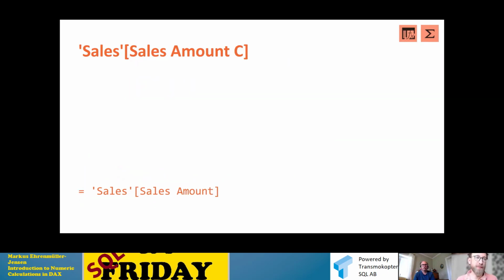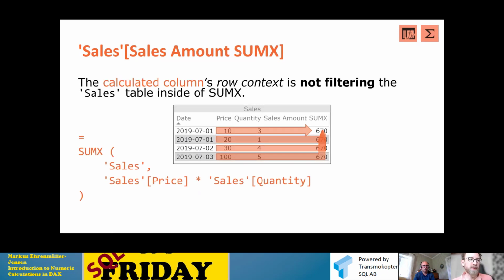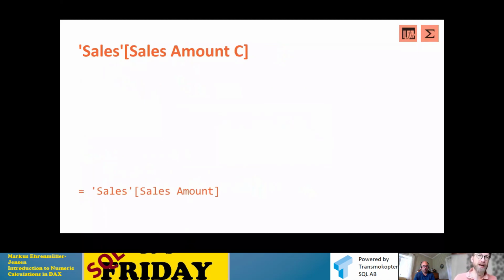What if we put the sales amount measure, which contains the same formula? You can remember, where's the formula? Put it here. So we have the sales amount measure which has this exact same formula. If I put this formula not directly into the column, but I have a measure containing the formula and now refer to the measure.